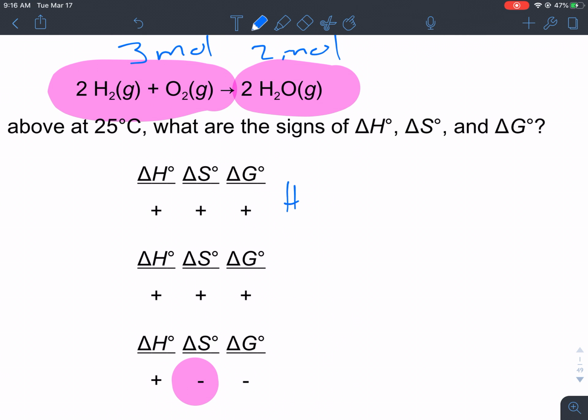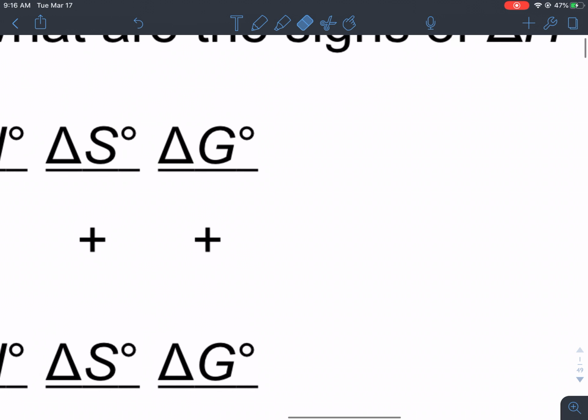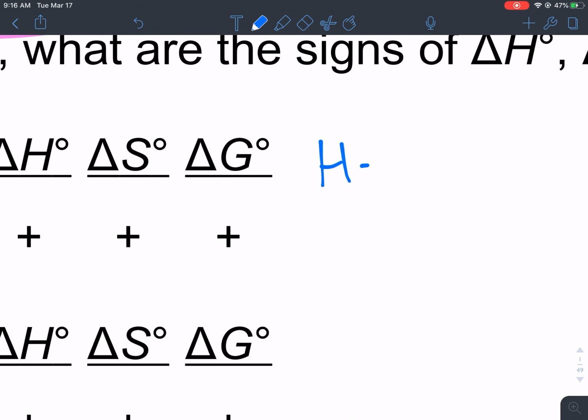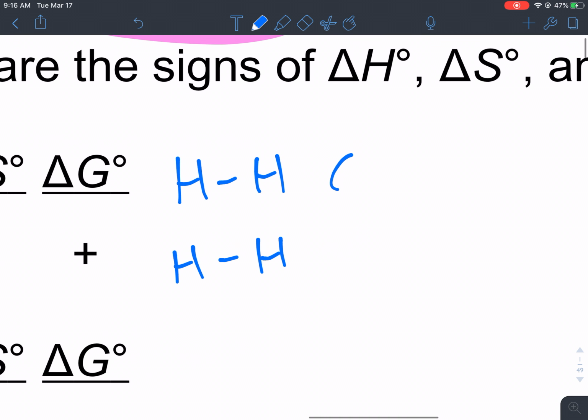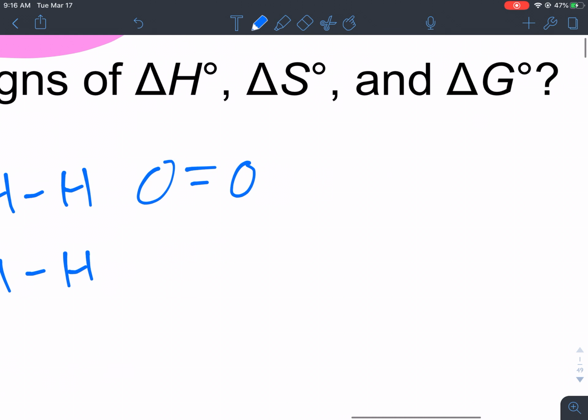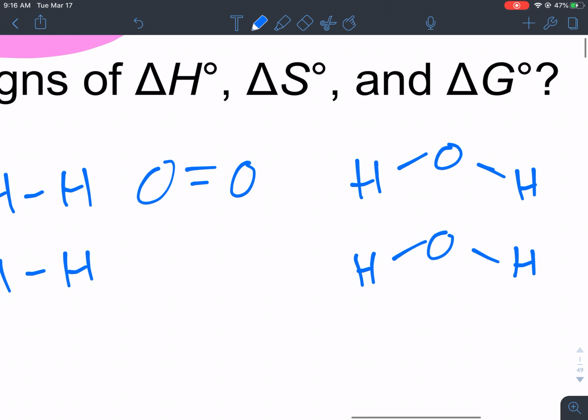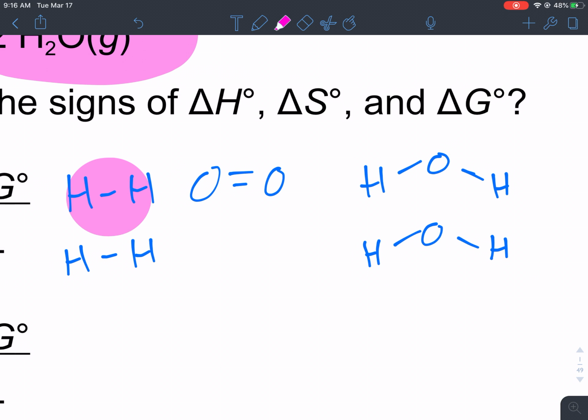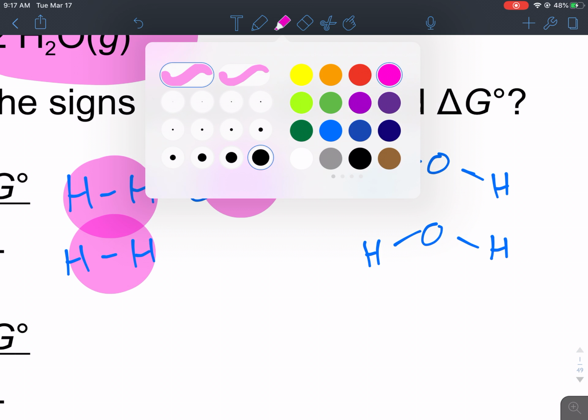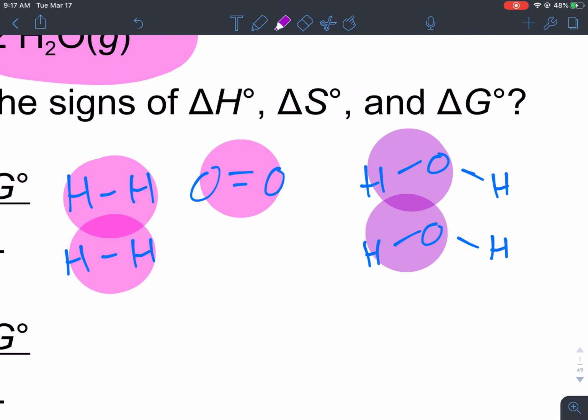All right, let's draw this. You have 2 H2s, you have 1 O2, and then you have 2 H2Os. I really don't like doing it this way. You have 1, 2, 3 bonds on this side, and on this side you have 1, 2, 3, 4 bonds.